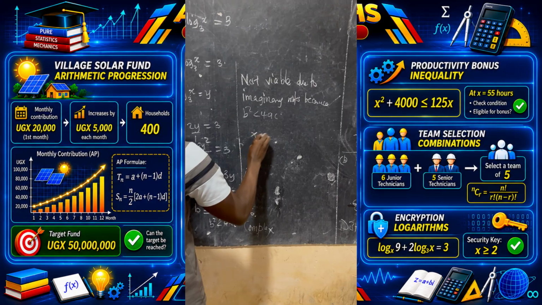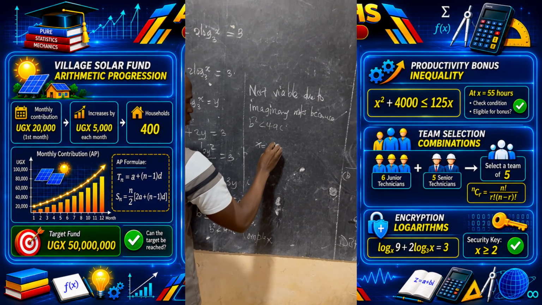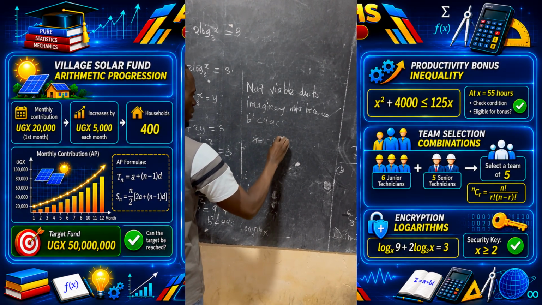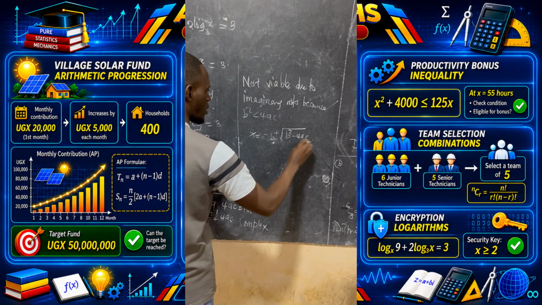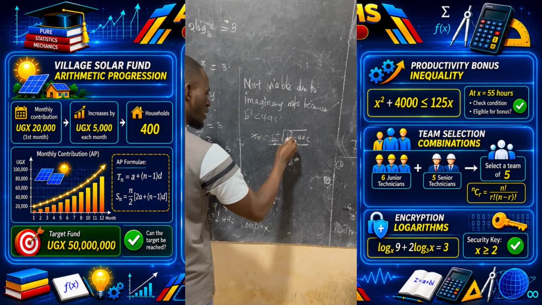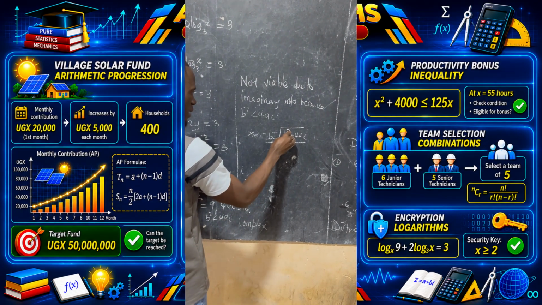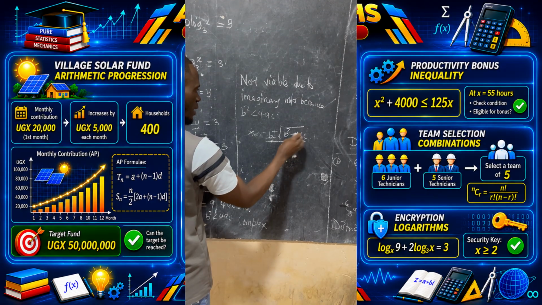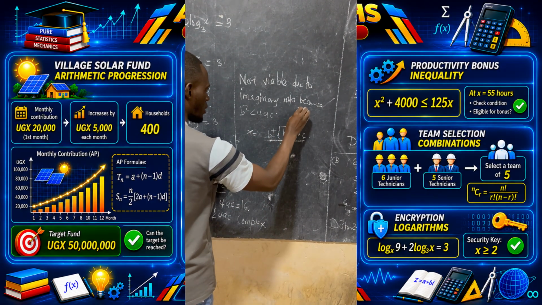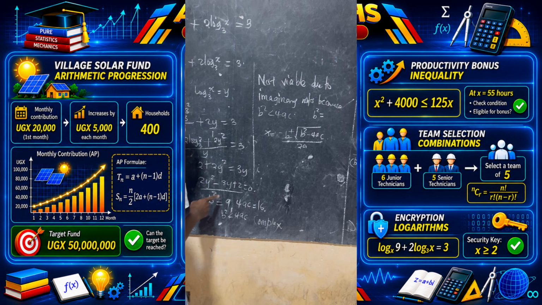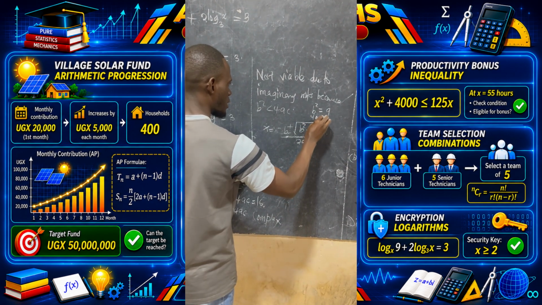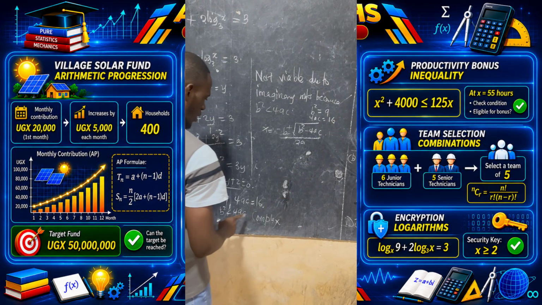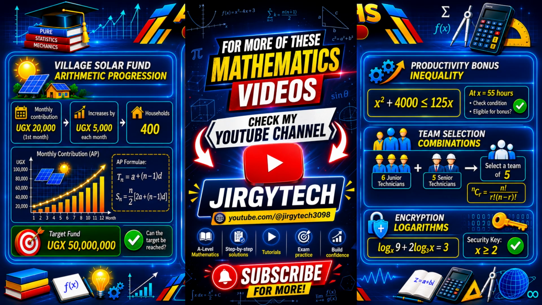Why are we saying this? If you have the quadratic formula, negative b plus or minus the square root of b squared minus 4ac, over 2a, and b squared is less than 4ac, for example b squared, like we have it here, is 9, and 4ac is 16, if I put it under the square root, it's going to be 9 minus 16.